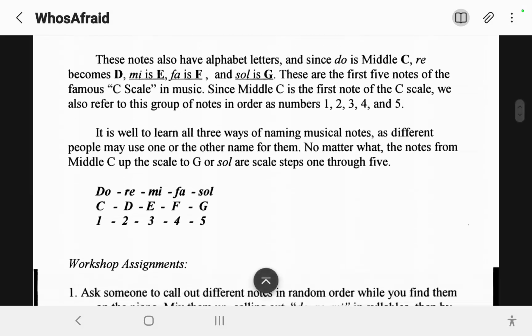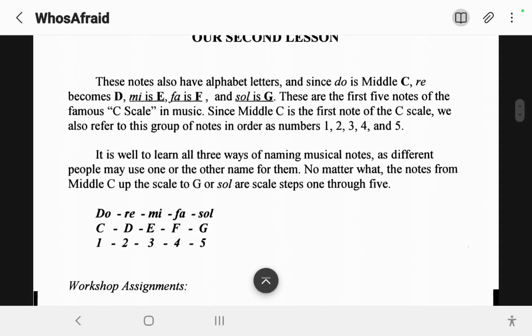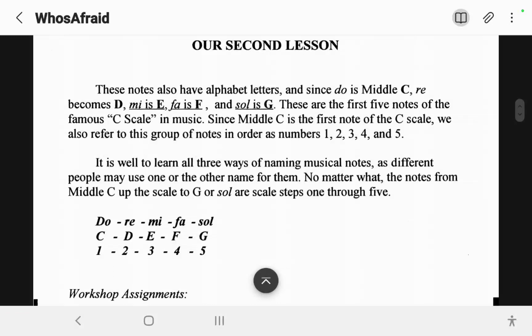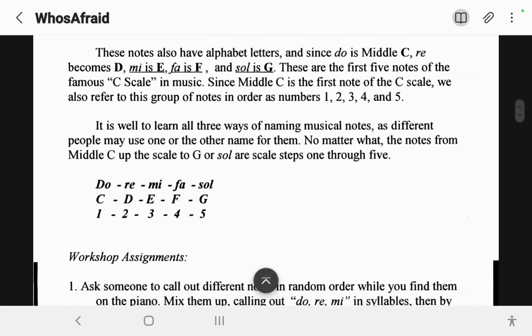Okay, so continuing. We've got the solfege, do, re, mi, fa, sol, and then we have the letters that line up with the solfege, C, D, E, F, and G. And then we also have the scale degrees, which are 1, 2, 3, 4, and 5. Okay, moving on to the next paragraph.